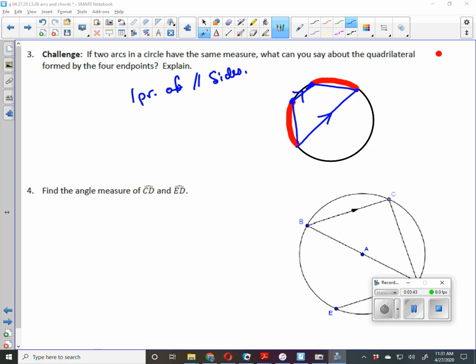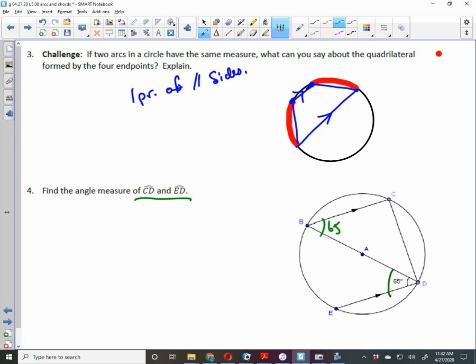Okay, so next we're looking at find the measure of arcs CD and ED. We know that we have parallel lines, so that means if this is 65, this is 65. Arc CD has to be twice that amount, or 130. Arc ED is here.